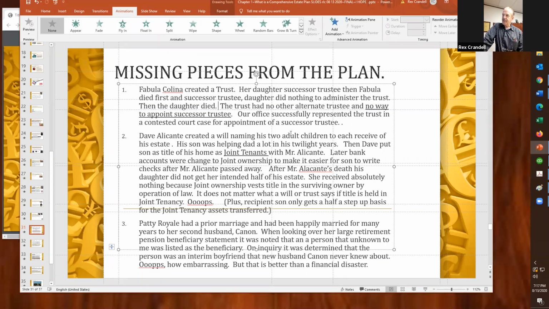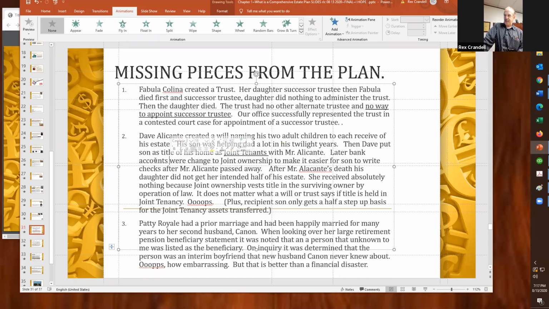And the trust had no way to appoint another trustee. There was no method for choosing another trustee, nor was another trustee listed. So we had to take the case to court in order to get a trustee appointed, and they really delayed a long time because it was 15 years after the mother had died.